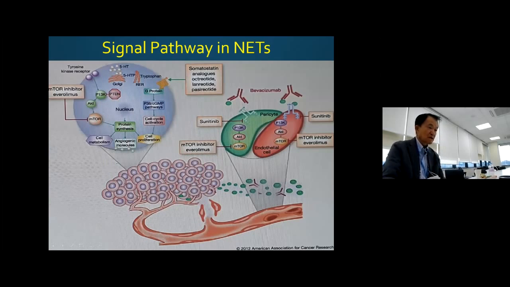And so now we have many specific drugs targeting tyrosine kinase, the mTOR inhibitor everolimus, these things. So these are new therapies. And certainly still, we have to suppress growth by somatostatin analogs. Sandostatin is the common commercial name.